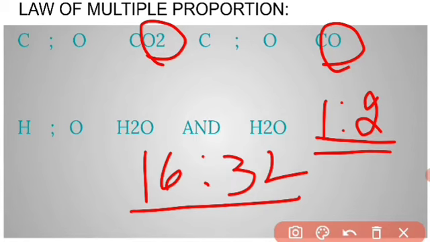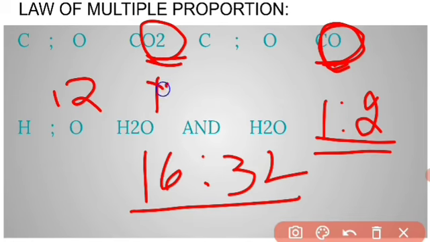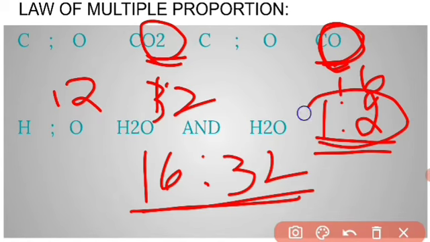You compare the element whose mass is changing. Here carbon was fixed at 12, but oxygen was 32 here and 16 here. When you compare, you will get 1 is to 2. That is the law of multiple proportion.